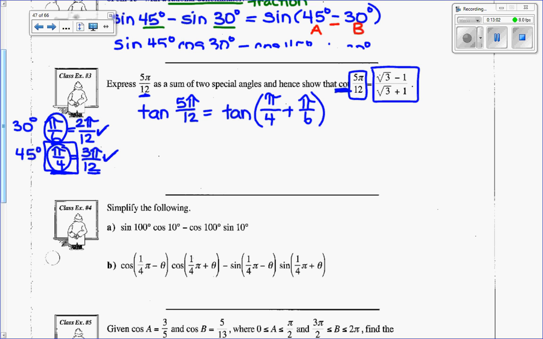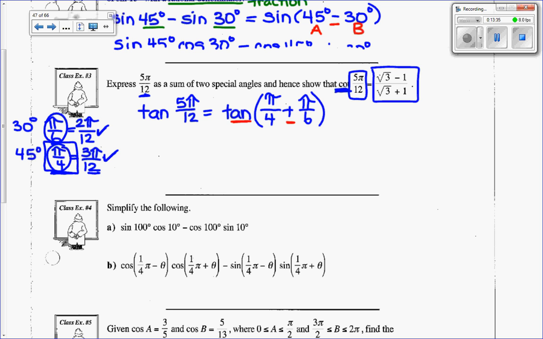That equals. Yep, it does, because we showed that over here. We did do the work to show that. Or would it be 2 times pi over 6 and 3 times pi over 4? Okay, so once you have this, what you have here is a sum of the tangents, right?